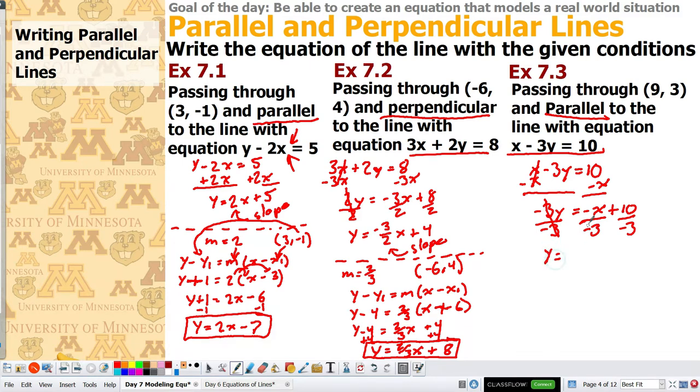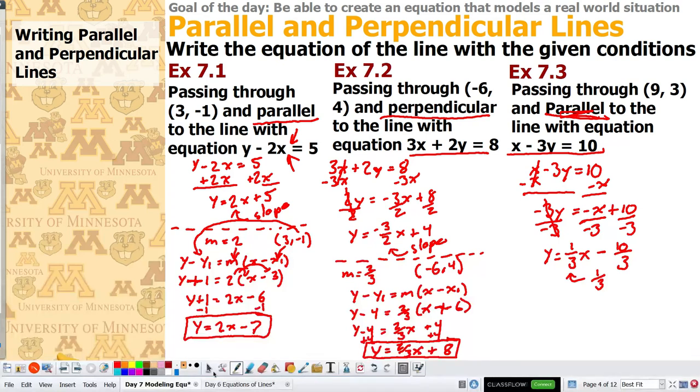So y equals. Here this doesn't divide evenly, but they're both negative, so that cancels. So I'm going to call this 1/3 x minus 10/3. So it looks like we might have to deal with a fraction at some point. But I did figure out my slope is 1/3, right? That's my slope. And I want to be parallel, so I need the same slope.